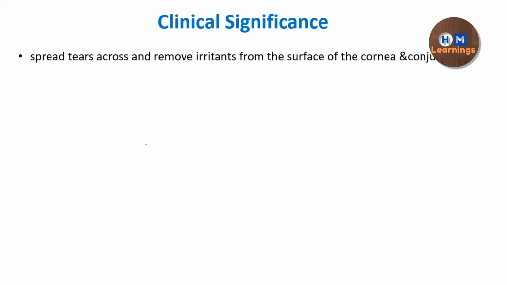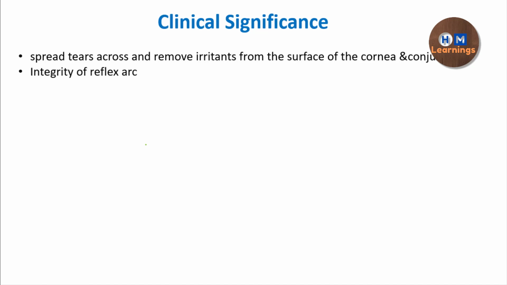So now we are going to look at the clinical significance. First is the physiological significance: the blinking of the eyelids allows the tears to be spread throughout the eye and also removes irritants from the surface of the cornea and the conjunctiva.